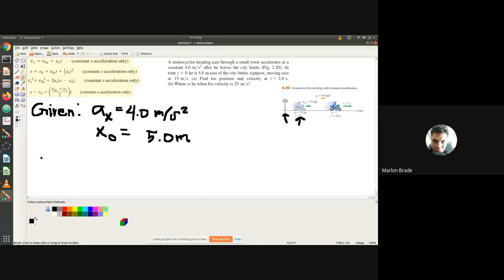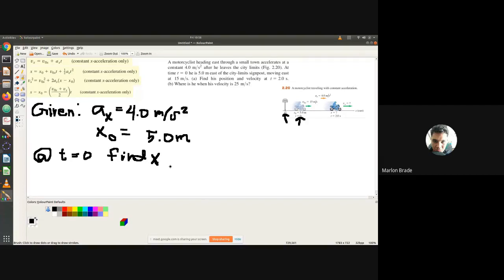So given nga at t equals 0. Find position. Kung saan ginang position? X. Find x. So unsa nga equation gamiton? 1, 2 or 3? Kanang kumpleto siya tanan.